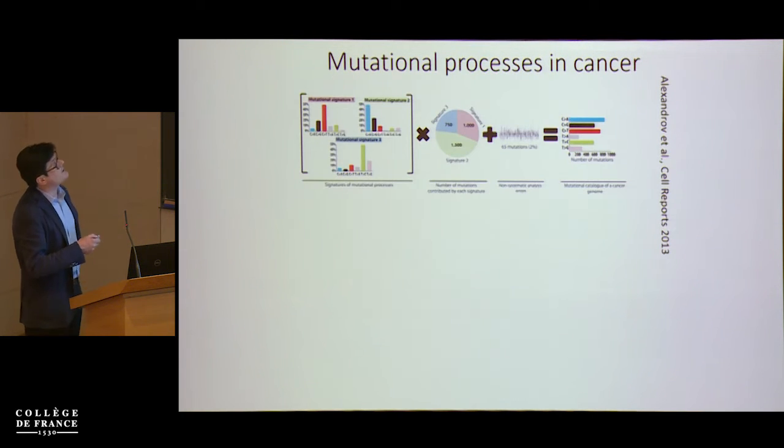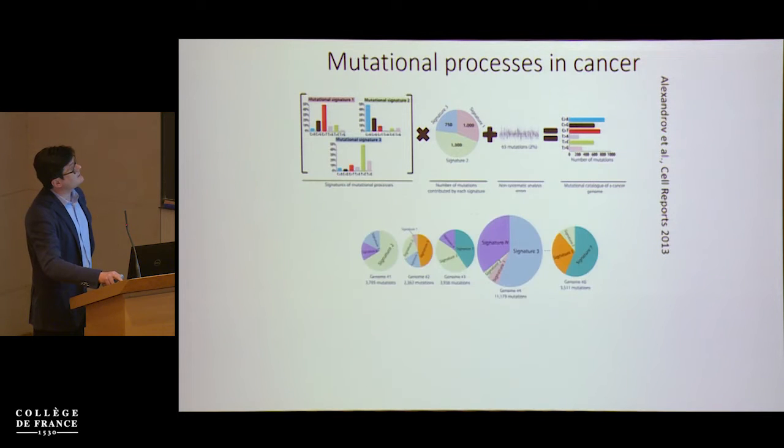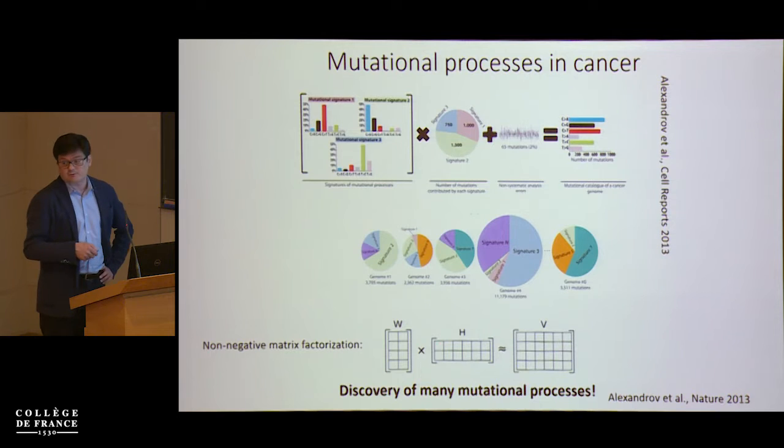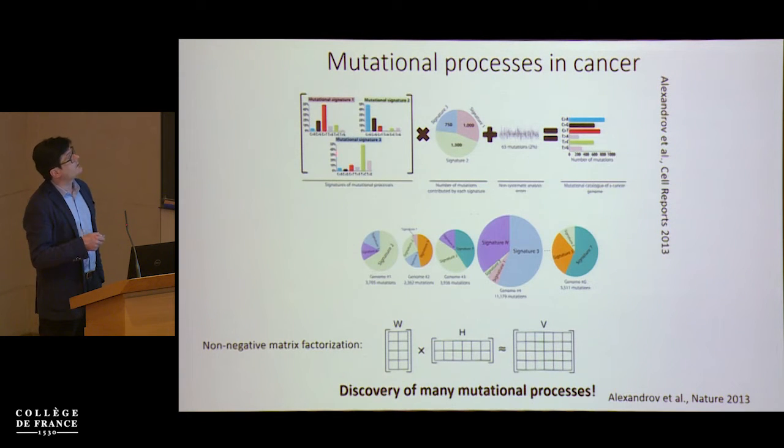I can come up with a bunch of spectra. I can say that I have different signatures in this form. And I can learn the model, assuming that exposures to all these processes are different between my samples. And this comes back to the matrix factorization problem, right? So I'm saying, okay, each process has a certain intensity for each trinucleotide or mutation type out of 96.